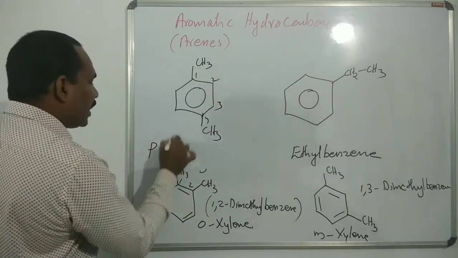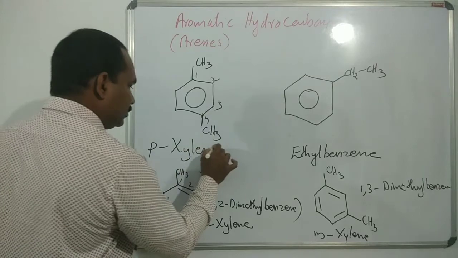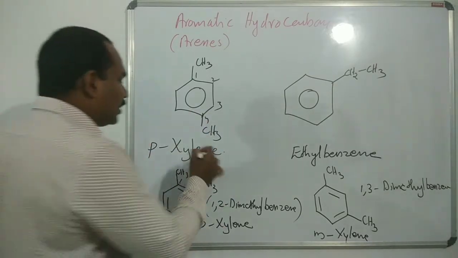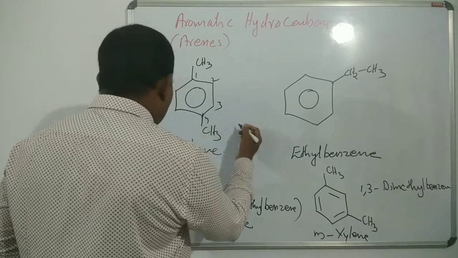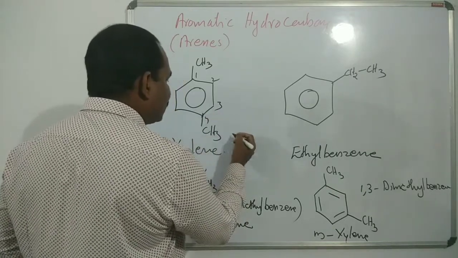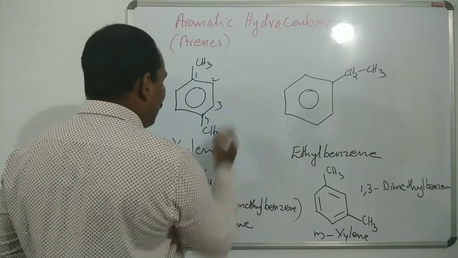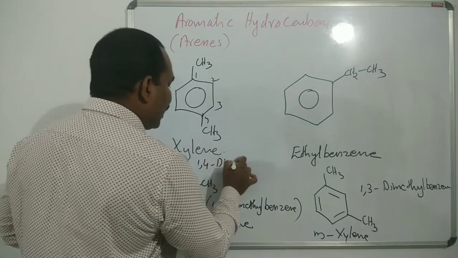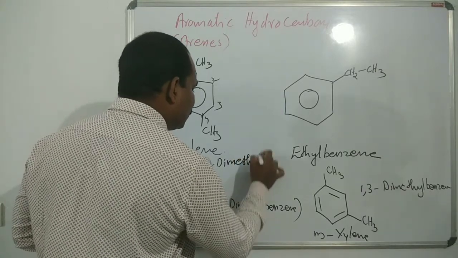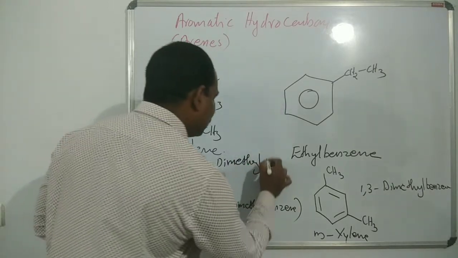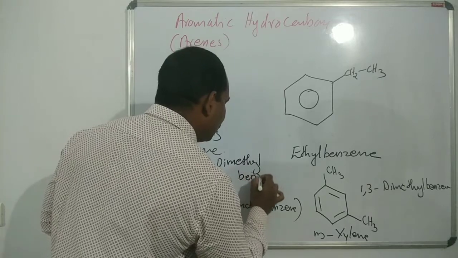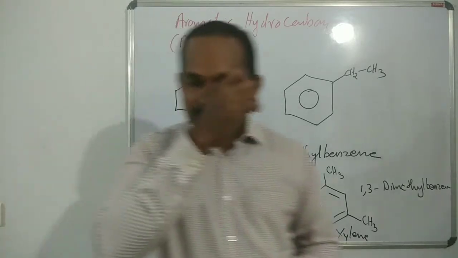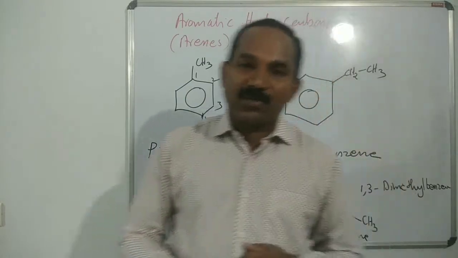It is paraxylene. Its IUPAC name is 1,4-dimethyl benzene. So that's about the naming and isomerism.